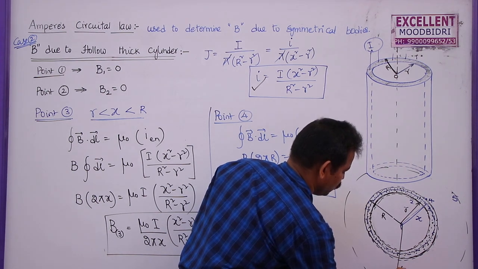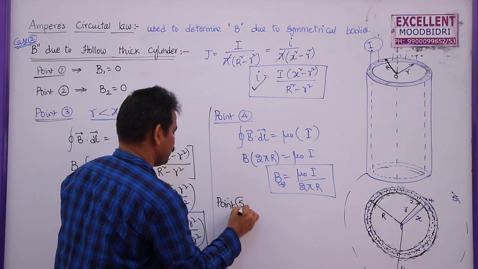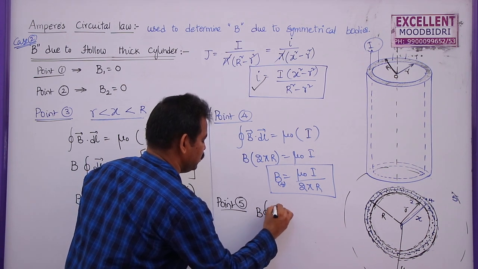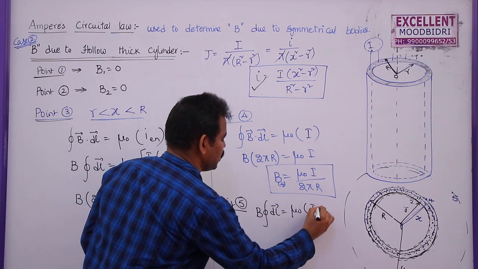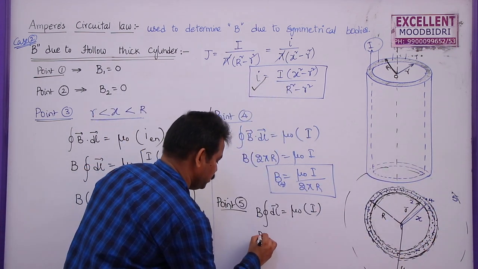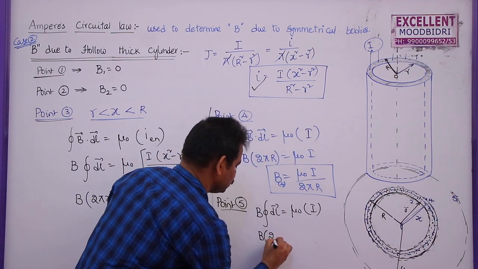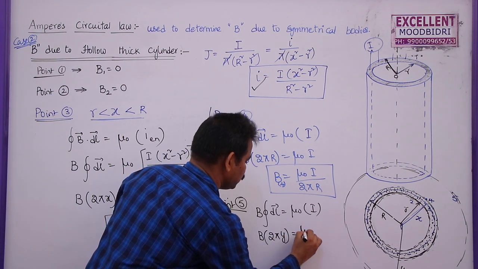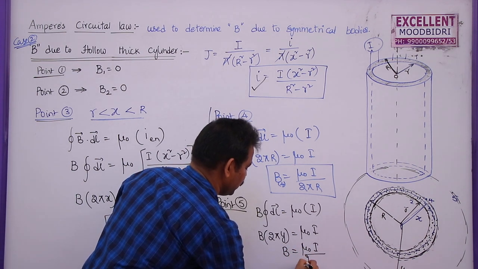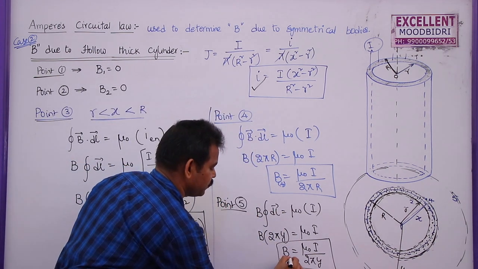Let us say this is y. So B into integral dl is equal to mu naught times the current this Amperean loop is enclosing, the total current I. So this can be written as B into the circumference of this Amperean loop, which is also 2 pi y, is equal to mu naught I. So B can be written as mu naught times I by 2 pi y. So this is the magnetic field at point 5.